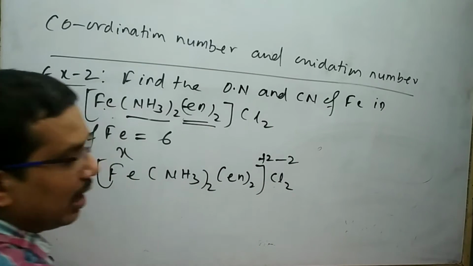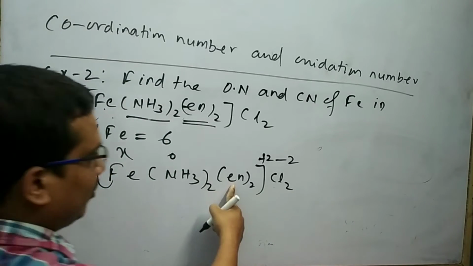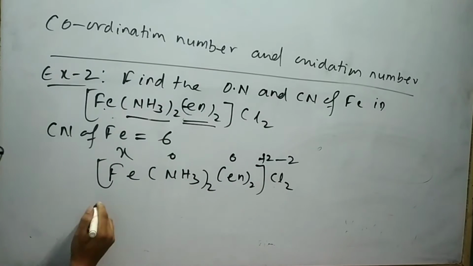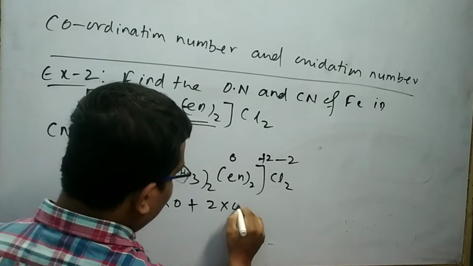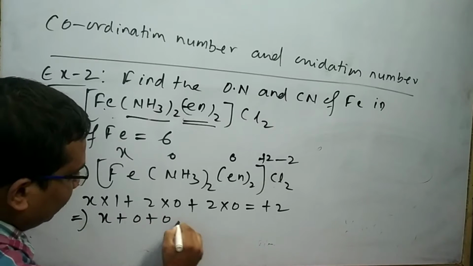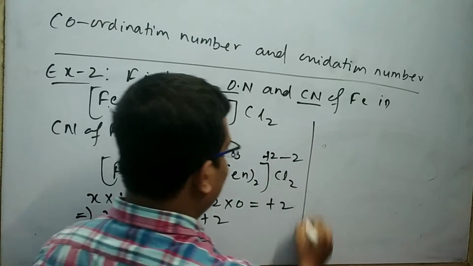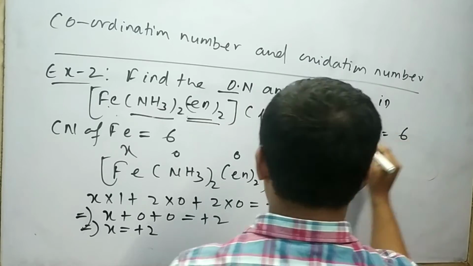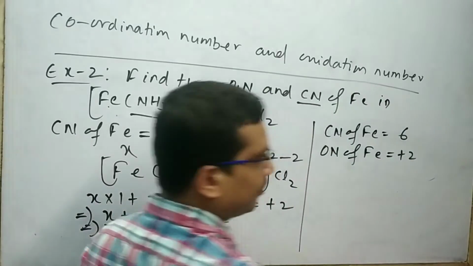We know that the oxidation number of NH3 is 0. En is also a molecule, so the oxidation number of en is 0. As a result, I can write X into 1 plus 2 into 0 plus 2 into 0 equal to +2. This implies X plus 0 is equal to +2, so X is equal to +2. So I can write coordination number of iron equals 6, oxidation number of iron equals +2.